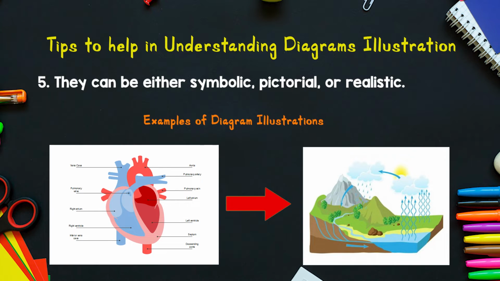Below, you will see that there is another diagram. This time, we do not have labels, but if you look carefully, you will see that there are arrows. Now, if we understand arrows and the direction of arrows, we would understand that the arrows are used to show us the process of the water cycle.